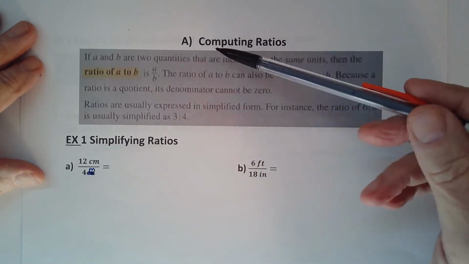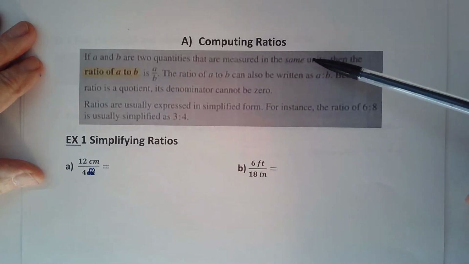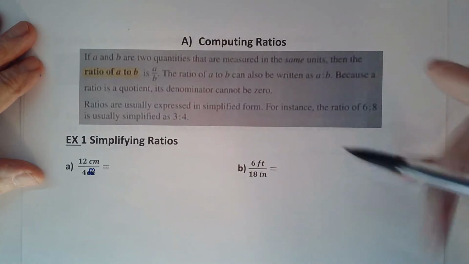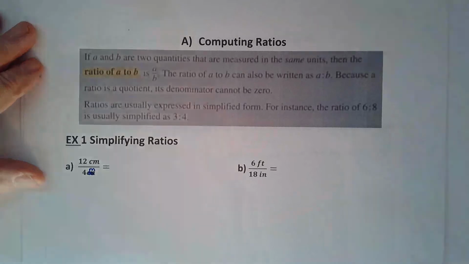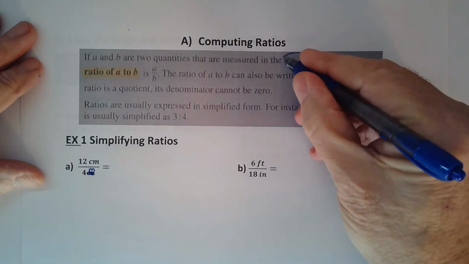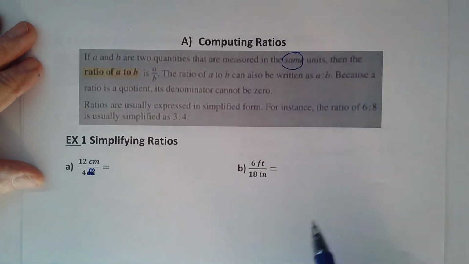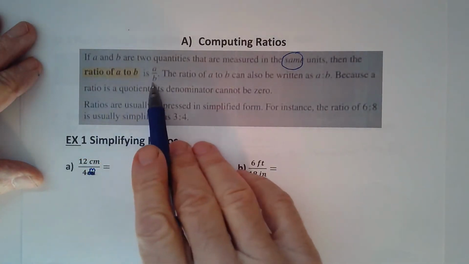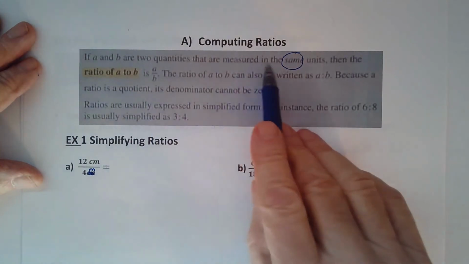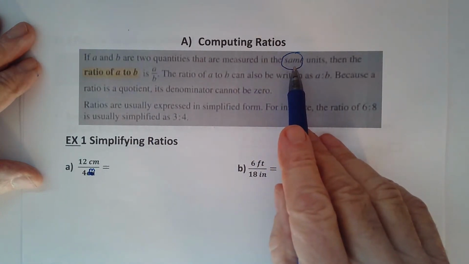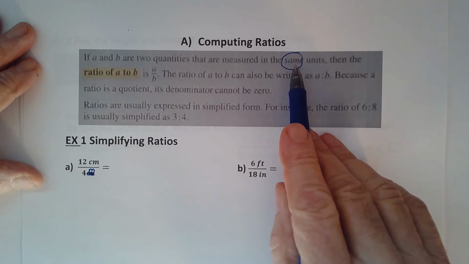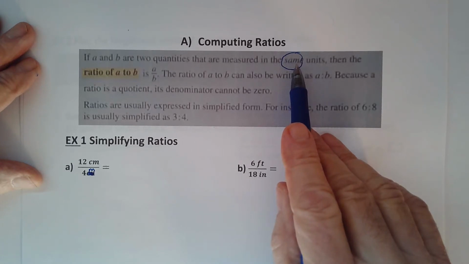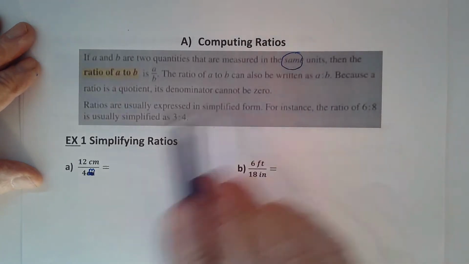So if A and B are two quantities that are measured in the same units, now that's important, the same units, then the ratio of A to B is A over B. Okay. Now, why the same units? Well, we'll see in a moment. Again, it's like comparing apples to apples and oranges to oranges. You gotta have the same units, okay?